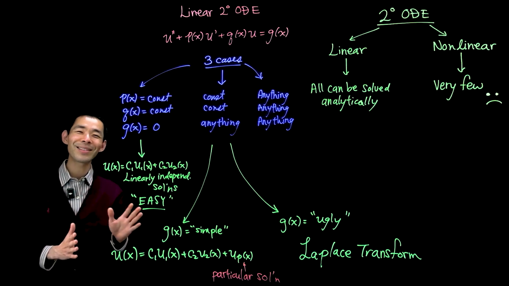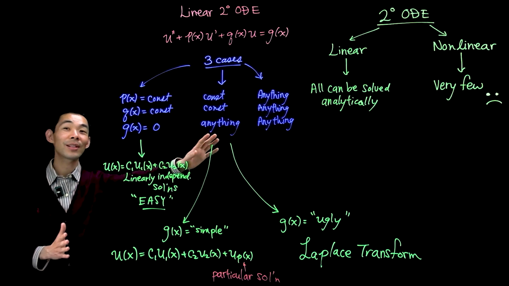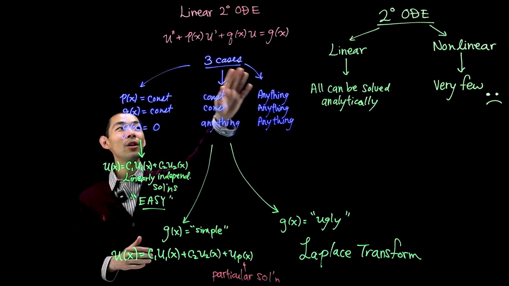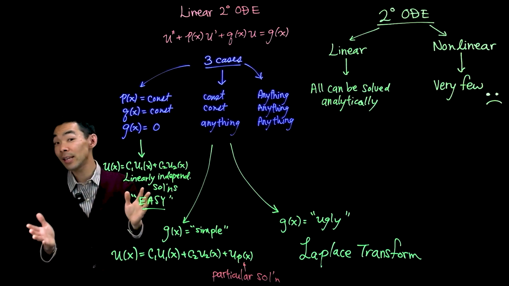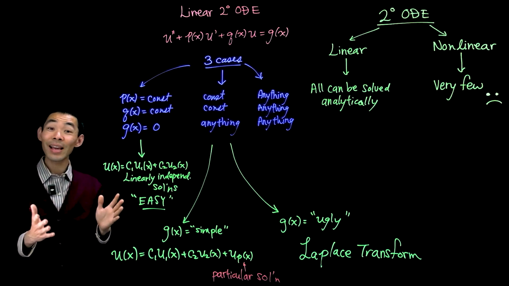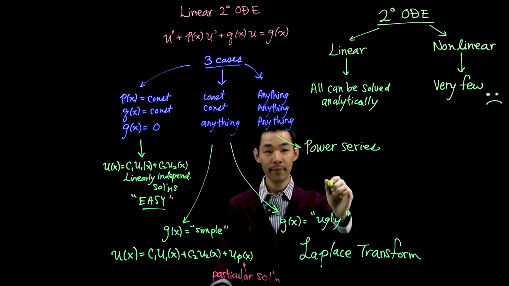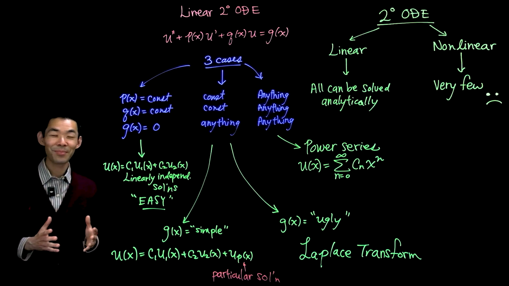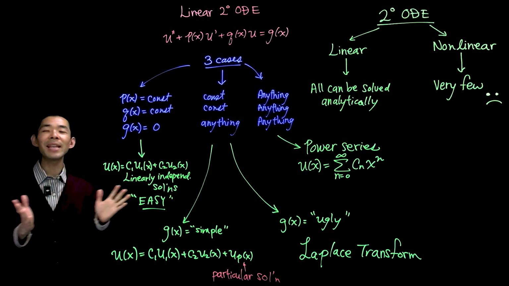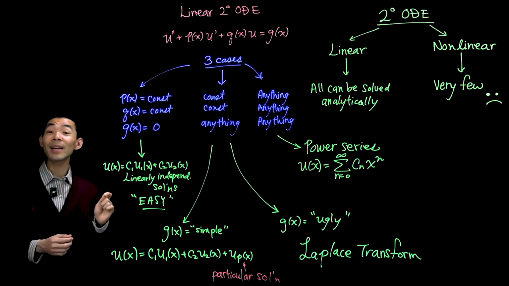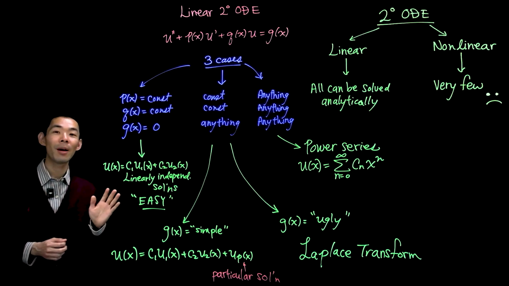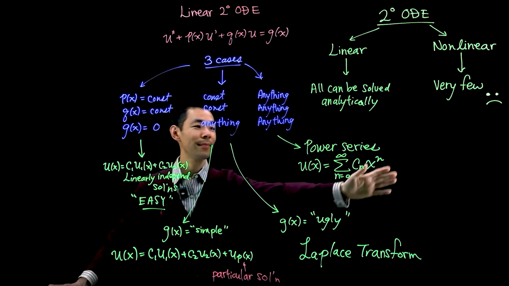But before getting into that subject, let's do case 3, when p, q, and g can be any arbitrary function. In that case, what do you do? The last case, when p, q, and g can be any arbitrary function, your best bet is a technique called the power series.